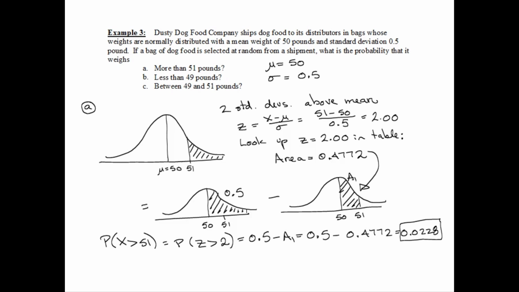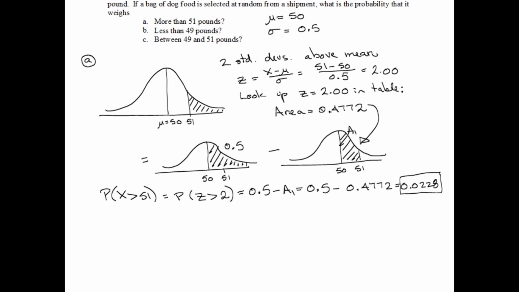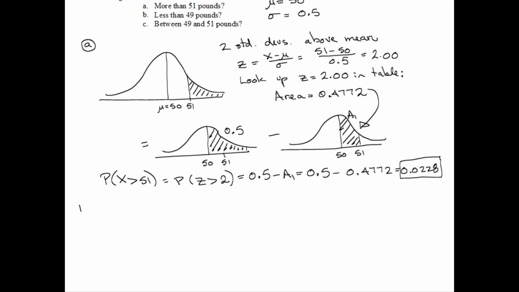Let's look at the next one. Now we want the probability that the bag of dog food is less than 49 pounds. Okay, so once again, if we look at our sketch, 49 pounds will be down here. And so now we're talking about the area out in the tail.